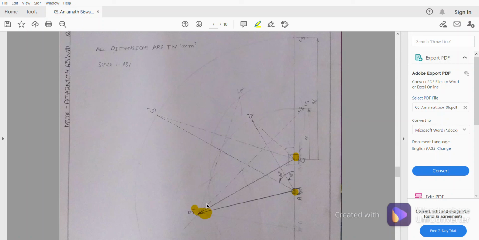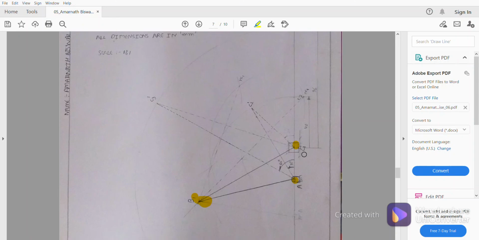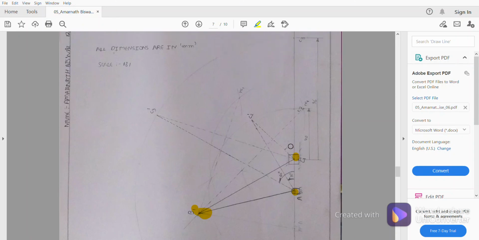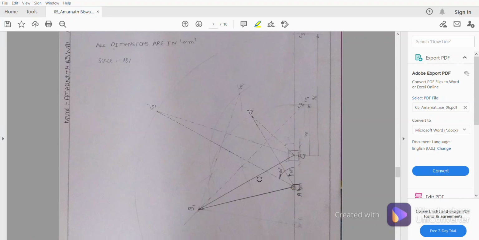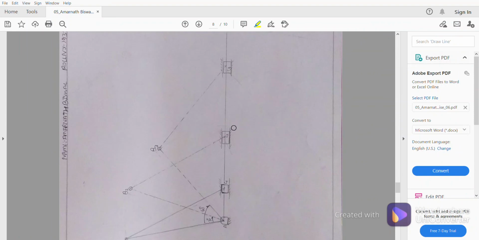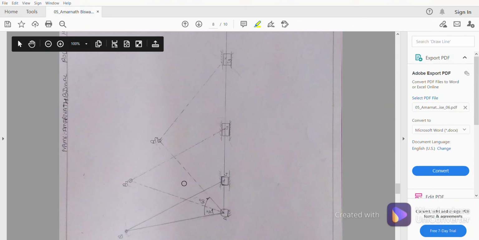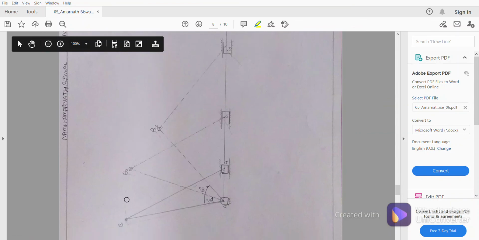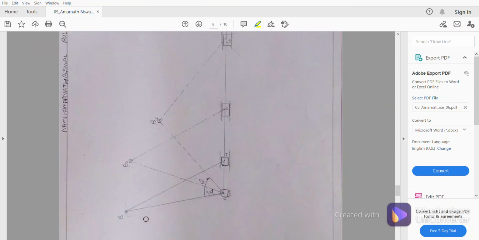We connect AB1 and B1C1, and this is our link, and you can give any shape to the piston as the requirement says. We have to draw suitable dimensions of the piston. I took some rough dimensions of the piston and drew it in this apparent position C here, meaning our given input angle.